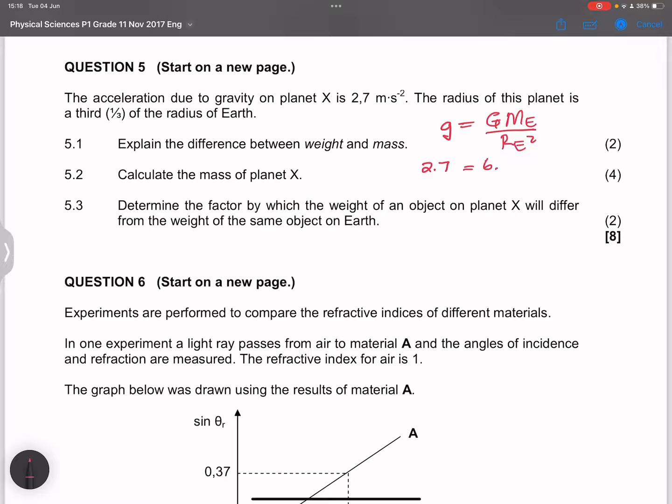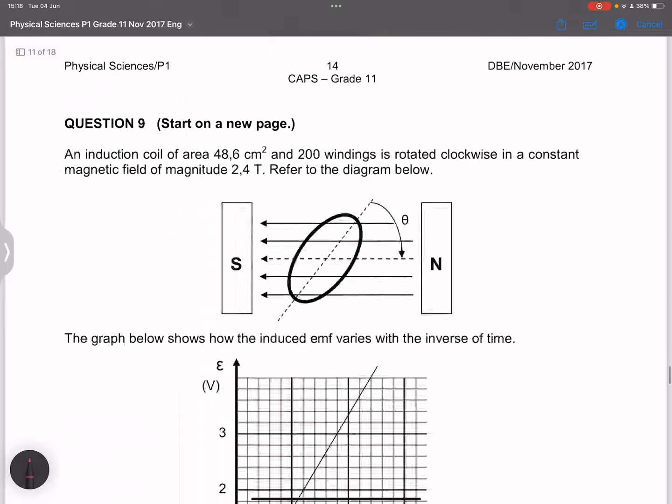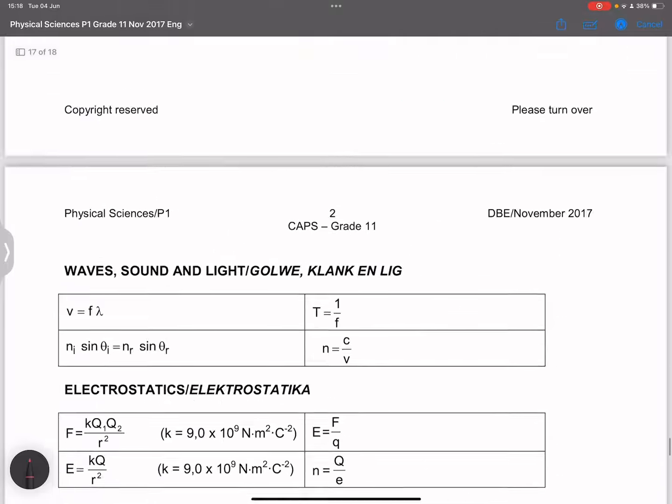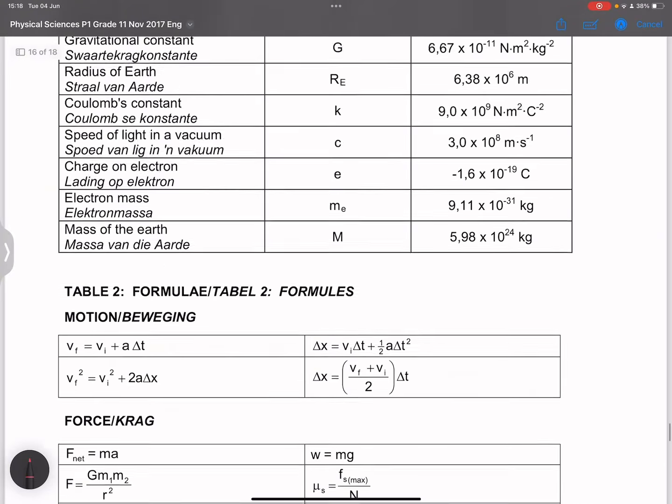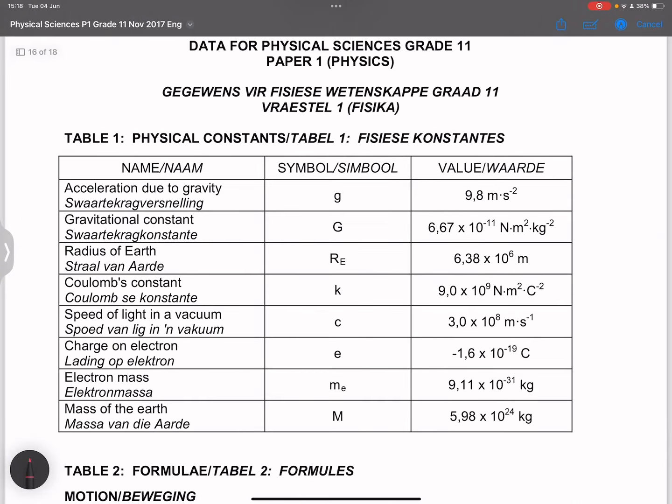And by the way, please remember that you're given all of these constants. That's the universal gravitational constant, just to show you there. So we are given that value for G, that's 6.67 times 10 to the minus 11, okay?